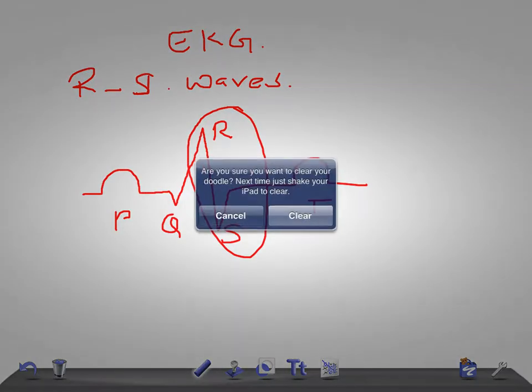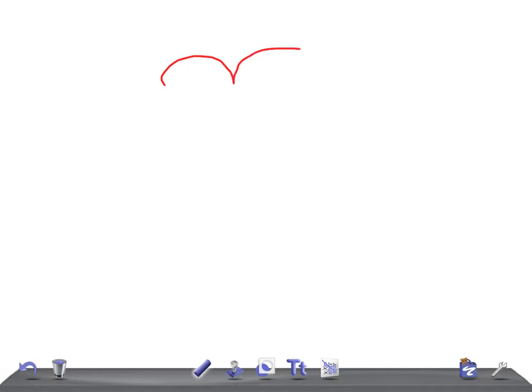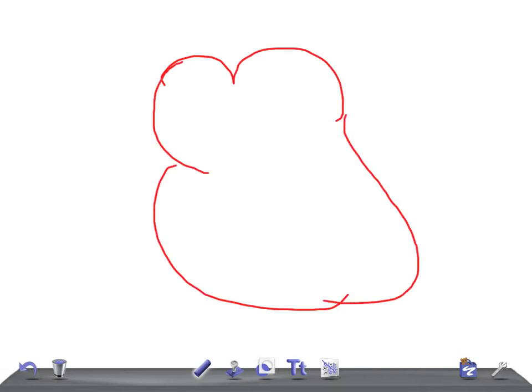Okay, let me draw over here and explain to you guys. If this is a heart, lead 1 will look like this. Look at this angle. We have different EKG leads. Why?